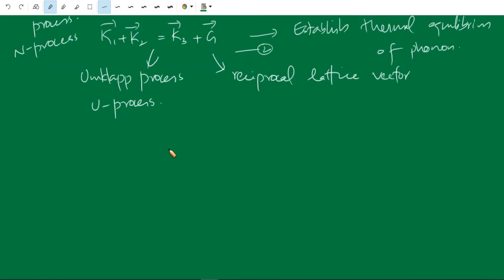Let us explain it in K space. We can differentiate the N process and U process using this diagram.